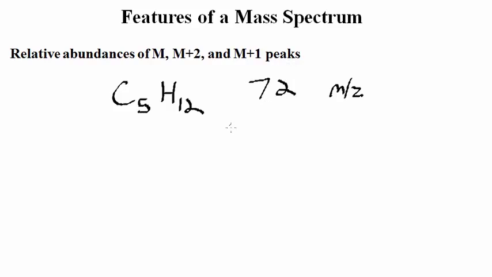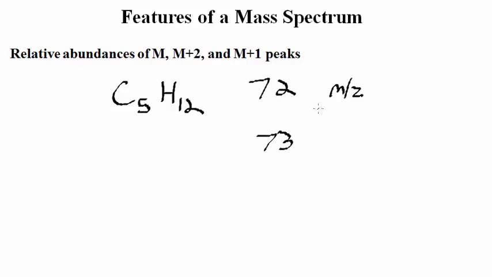This molecule is going to have a nominal mass of 73, and the molecular ion will appear at an m/z of 73. Similarly, there's a probability that there will be a molecule in which one of the atoms of hydrogen is the heavier isotope, deuterium, or H2.